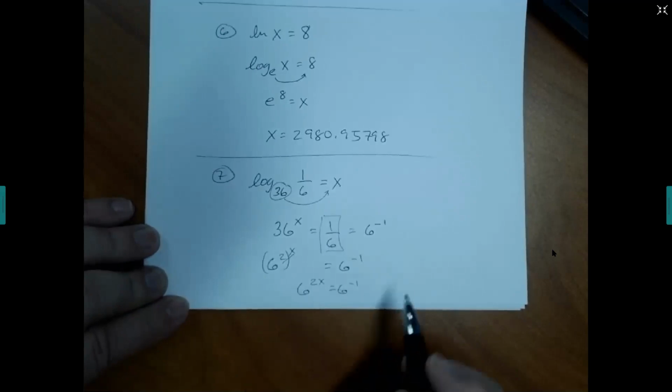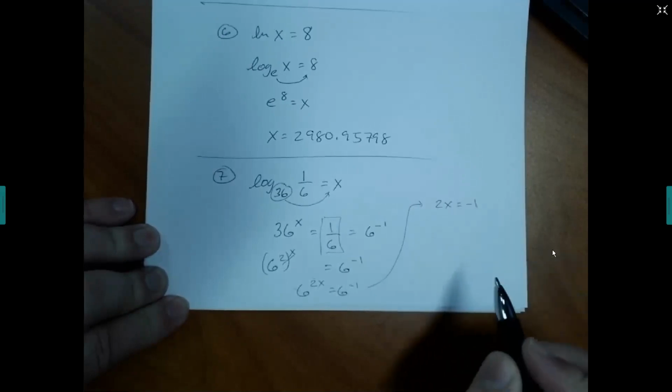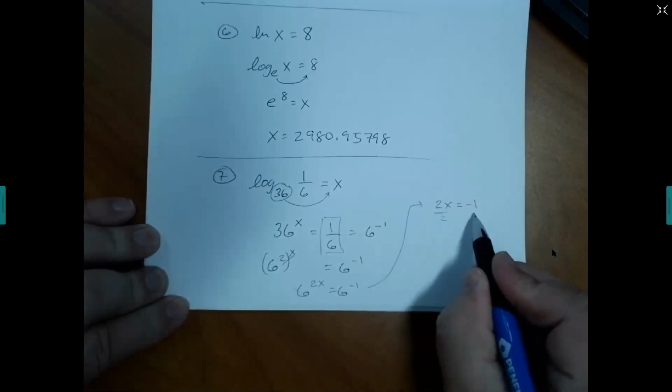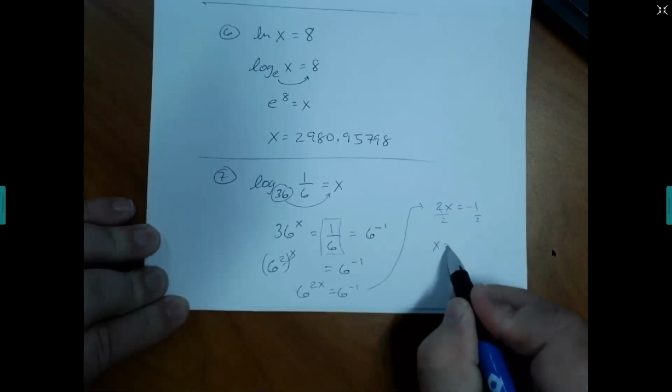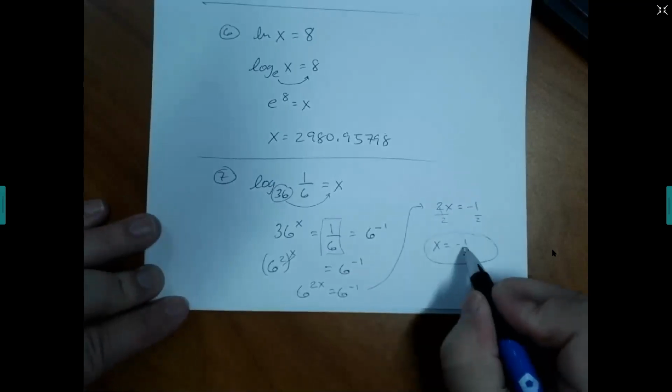Since they're both base 6s, 2x equals -1, divided by 2. X equals -1/2.